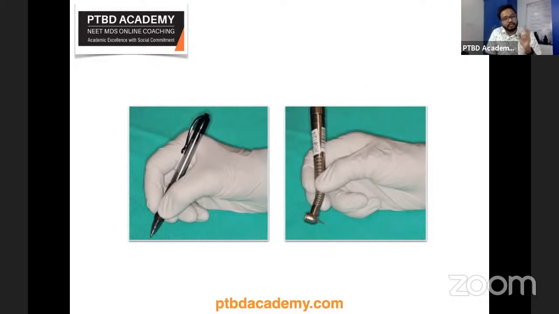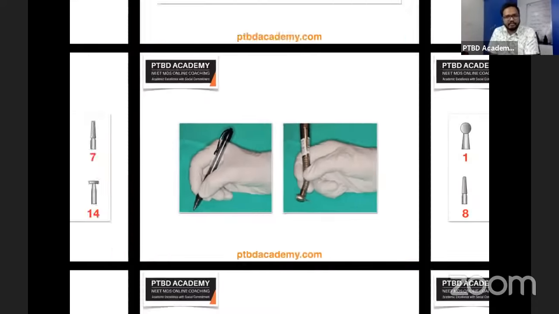The correct position of the middle finger, consider this very, very important, is near the top side of the instrument for good control and cutting pressure, right? So just like how you hold your eroders. Okay. So left one is conventional, right one is modified pen grasp. And then you have palm and thumb grasp, modified palm and thumb grasp and all. I'm sure you're familiar with that.